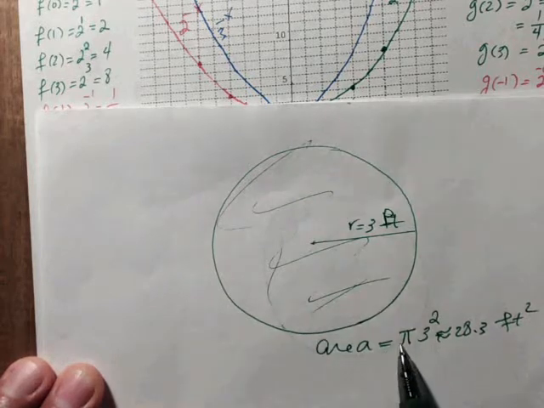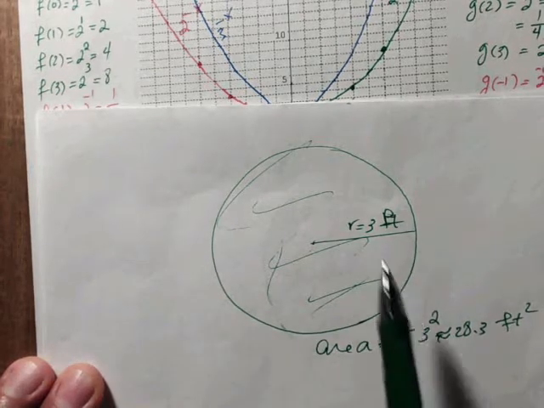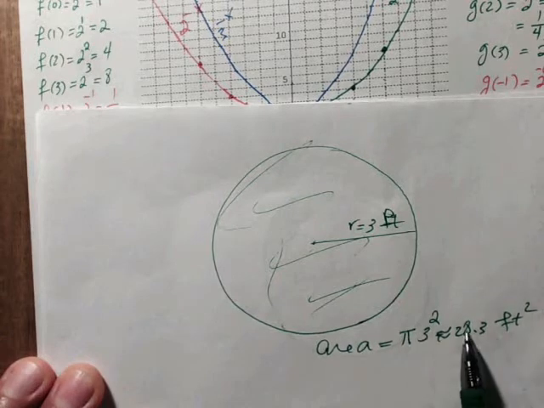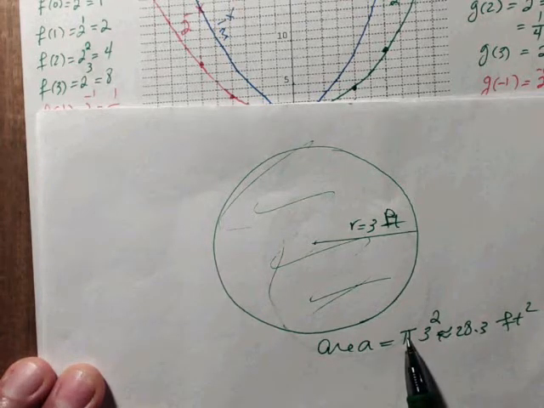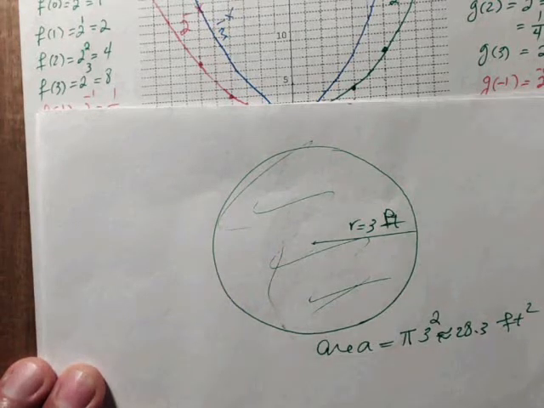Then you say area is pi times the radius squared, and if I put it in my calculator, I get this. Pi is built into your calculator because it's a very, very important number.